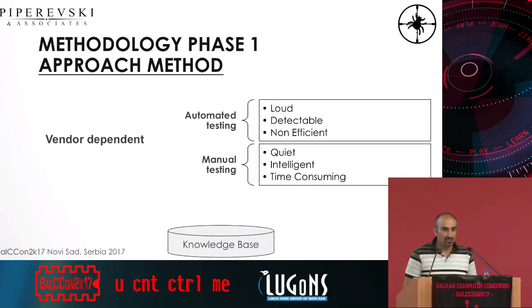Manual testing is also very quiet, so in many cases it's not detectable by IDS and IPS systems, so it cannot be prevented. By doing penetration testing projects in the past, we learned that we can detect manual testing very easily if we identify abnormal behavior of the target system and set that abnormal behavior as a trigger to raise an alarm in the SIEM solution.